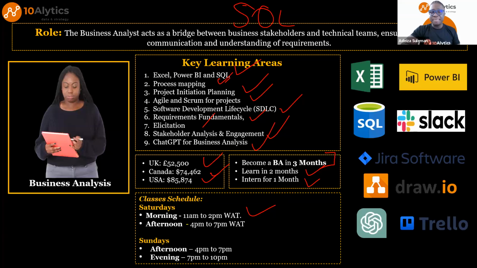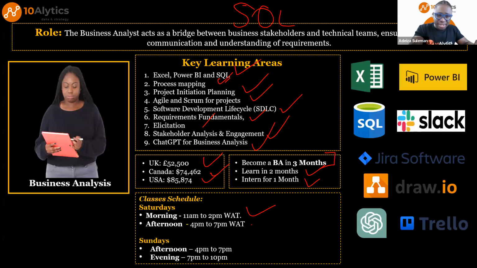Now, if you're in the US or you're in Canada, you can't join a class that starts at 11 a.m. West Africa time. That's too early. That would be around 5 a.m. your time, which would be too early for anybody to join a class. So we have another class for those in the US, in Canada, and other regions where you have different time zones.